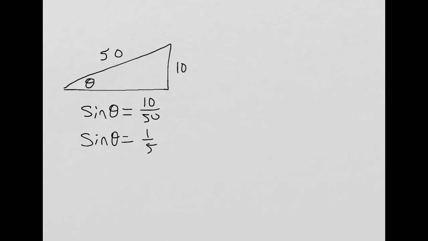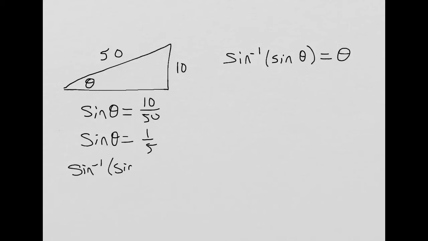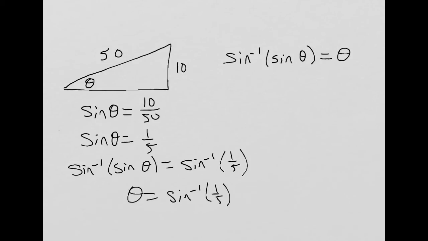But these inverse functions allow us to undo what the trig function does. If I take the inverse sine of the sine of theta, I just get theta. So just like solving an algebraic equation, now we're solving this trigonometric equation, and I'm going to take the inverse sine of both sides of this equation, and I get theta is equal to the inverse sine of 1/5.